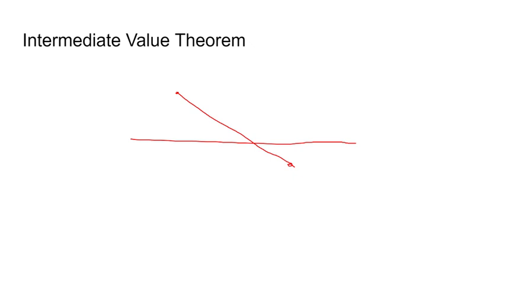Mathematically, that would look like you have a function f of 1 is equal to, let's just say, 5, and f of 2 is equal to 6, assuming that f of x is continuous.